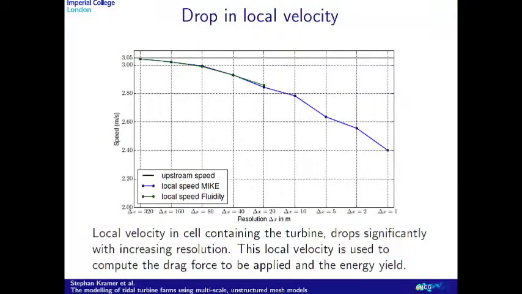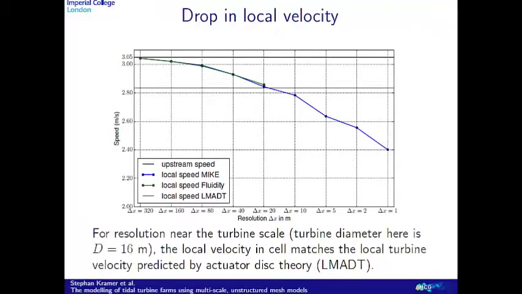So the more resolution you put in, the smaller the force is going to be. Now, on the one hand, you actually expect the local velocity to be smaller, because in reality you have an upstream velocity and the local velocity at the turbine is going to be smaller, and that relation between the upstream and the local velocity, you can compute using actuator disk theory.